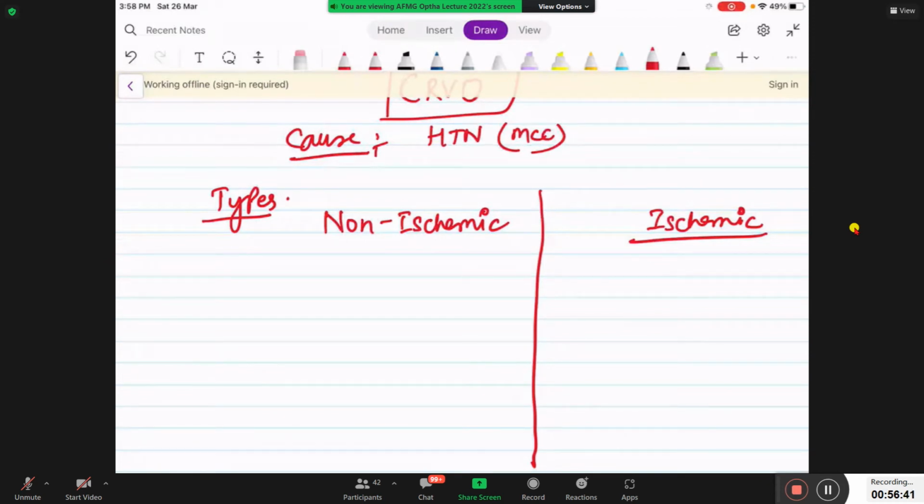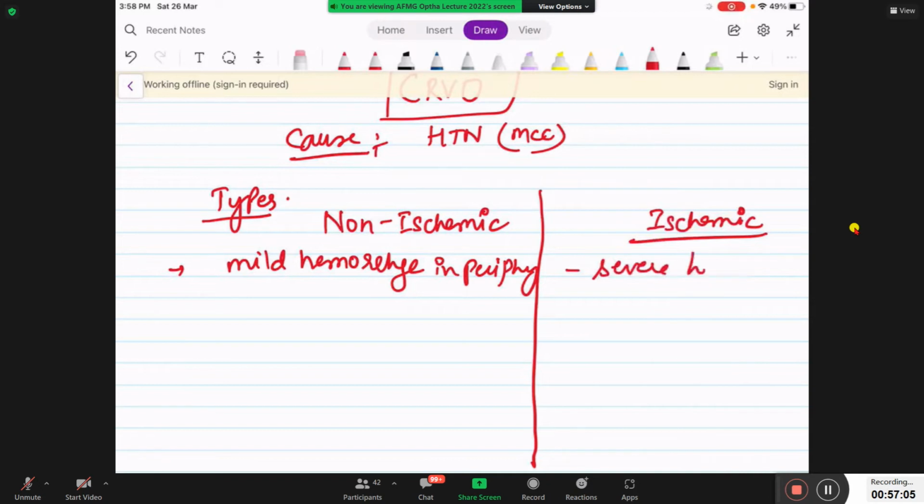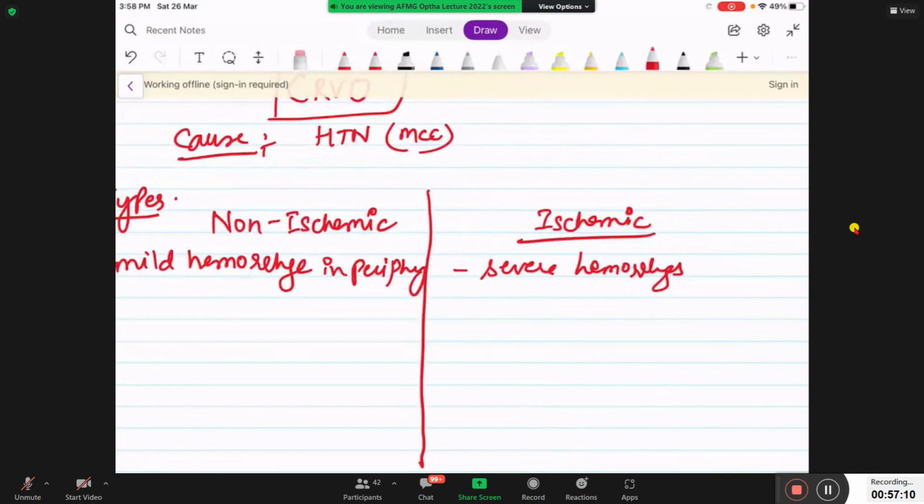Okay. So write down, in non-ischemic CRVO you will see mild hemorrhages in the periphery of the retina. Whereas in ischemic, you will see severe hemorrhages. Severe hemorrhages are seen, giving which appearance?